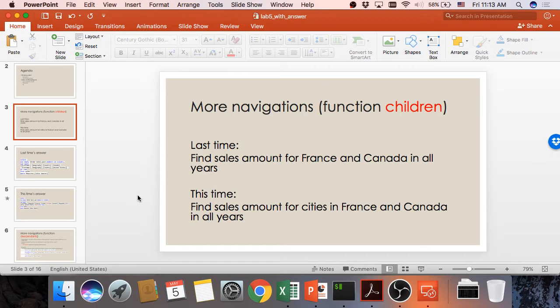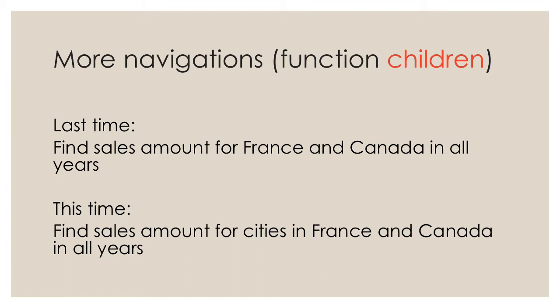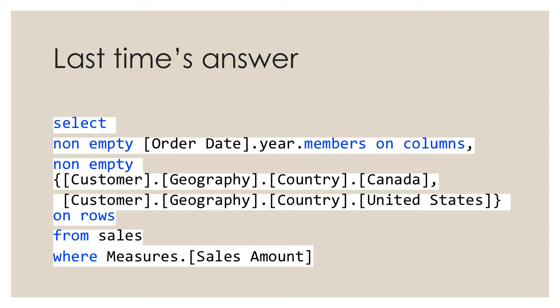As a keyword, I think children, right? Yeah. So it's just for practicing children, because the direct lower hierarchy of country is city. I changed it. That's my bad.